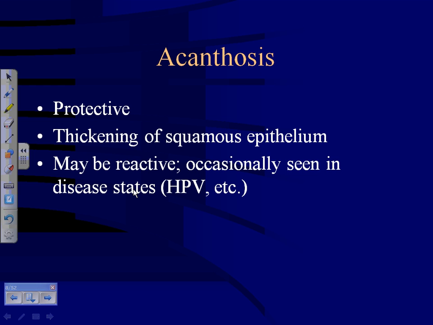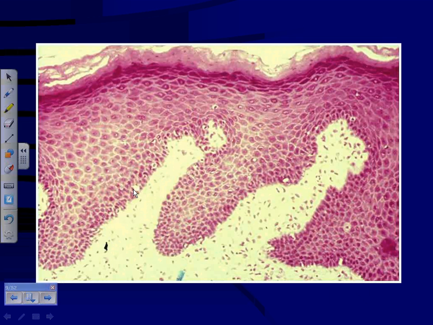Because acanthosis can be a component of other changes, including even HPV effect, which is a type of infection that will cause disease. So acanthosis by itself, with squamous cells that look normal, with normal nuclear features, is a benign response. And it's protective.